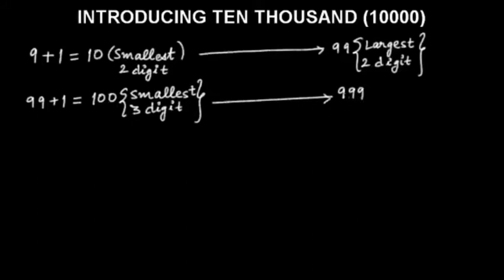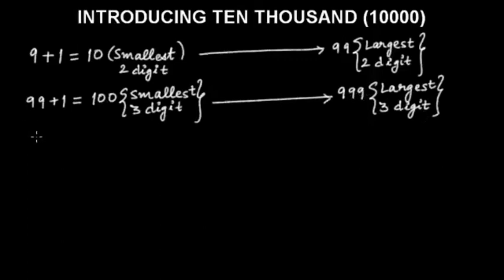This is the largest 3-digit number. I hope you all know this, that 999. I'm not going deep into explaining what is 999. That we will do in some other video. So 100 is the smallest 3-digit number, 999 is the largest 3-digit number.